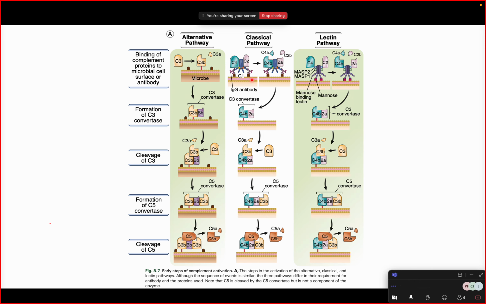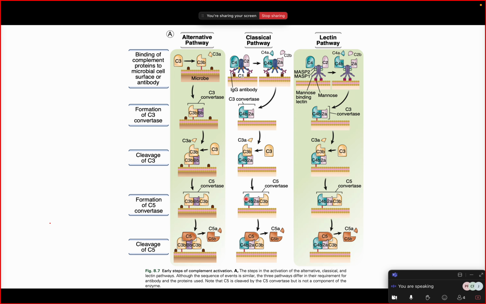So this is your microbe, this is your epitope which your antibody is binding. This antibody's one end is associated with the C1q protein, and C1q is associated with C4 and C2, which further makes them into C4b and C2a. Now C4b2a can cleave the C3 just like C3b and Bb complex, making the C3b unit come with the C4b2a complex.